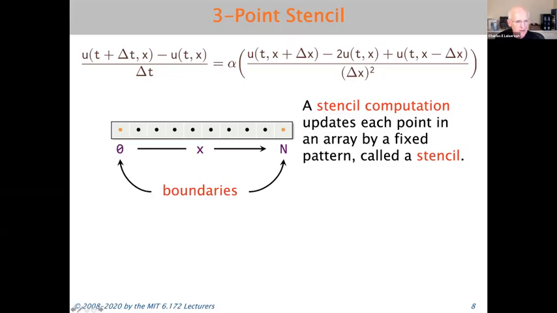The endpoints will be boundary conditions, so those we're going to keep constant. There are techniques for changing that as you go, but we're going to just look at a very simple one because we're more interested in the algorithms than in all of the ways that scientists use this. Although you may be interested in that, and it's pretty interesting stuff.